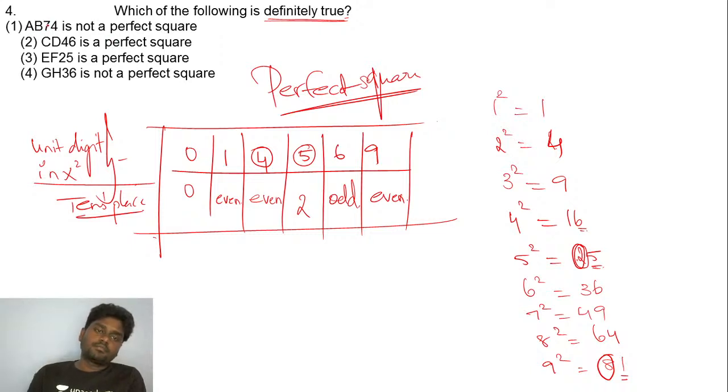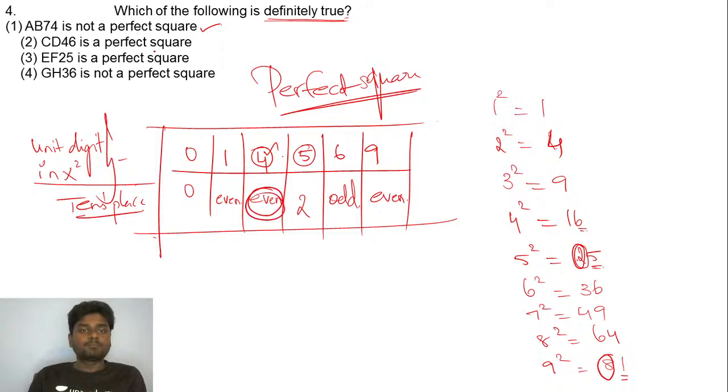The first one, AB74 is not a perfect square. They say AB74 is not a perfect square. So listen carefully. I know the fact that if I have 4 in the units place, then if it is a perfect square, in the tens place I'll only have an even number.